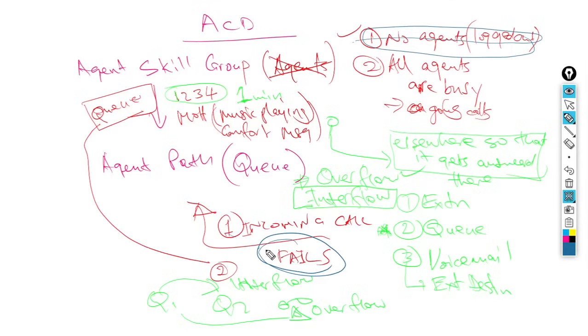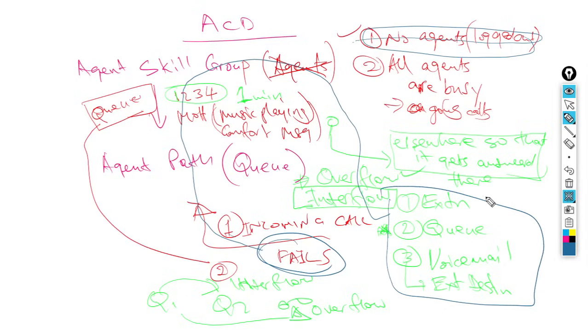We can say in this scenario, instead of dropping calls, take it to, number one, another extension existing on the system, or take it to another queue where there are available agents.